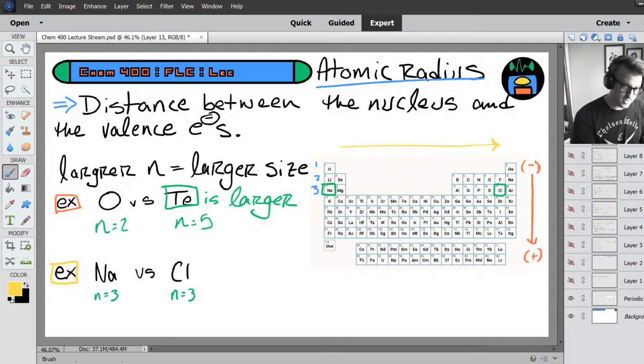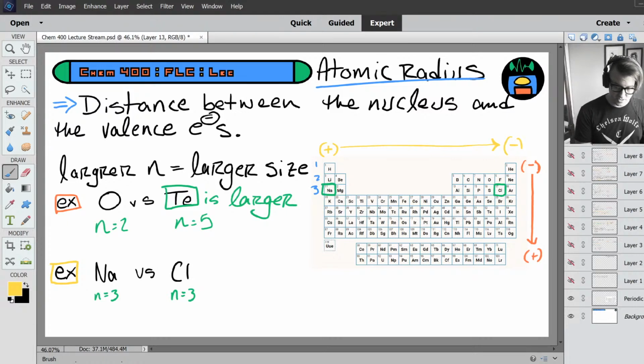And the way it trends is it actually gets smaller as you move from left to right, which might be counterintuitive. I know when I was a student, I looked at these two and I was like, well, chlorine has 17 electrons and sodium has 11. So I would think that chlorine is larger. And it's not, all right?